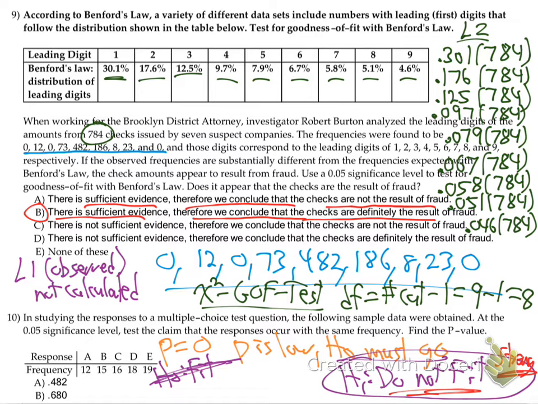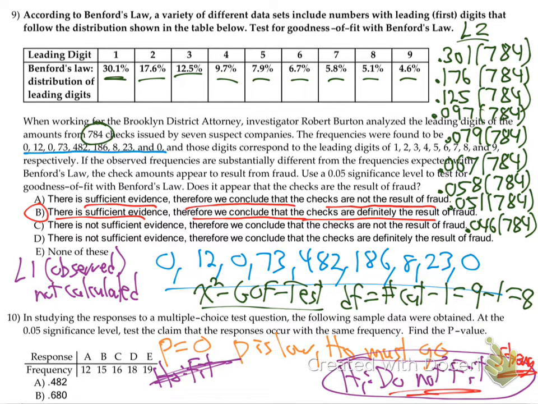Okay, so in this question, it's stating does it appear that the checks are the result of fraud, which means you're looking for the strong evidence part instead of weak evidence to prove that claim itself. Strong evidence, yes, and that they don't fit. Because Benford's law says normal human behavior, leading digits will look like this pattern.